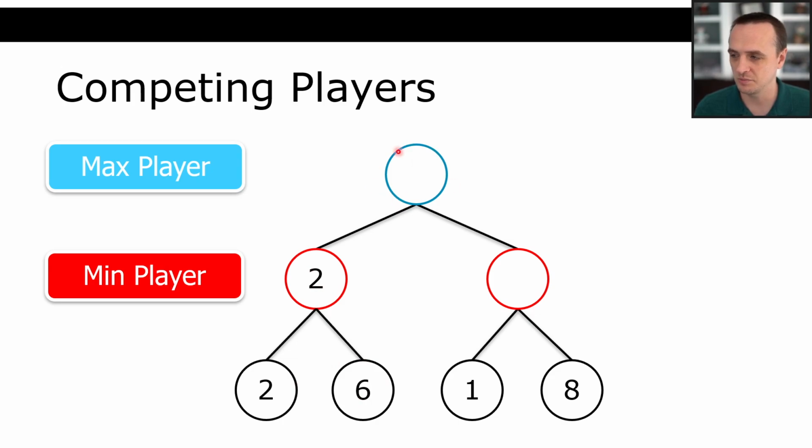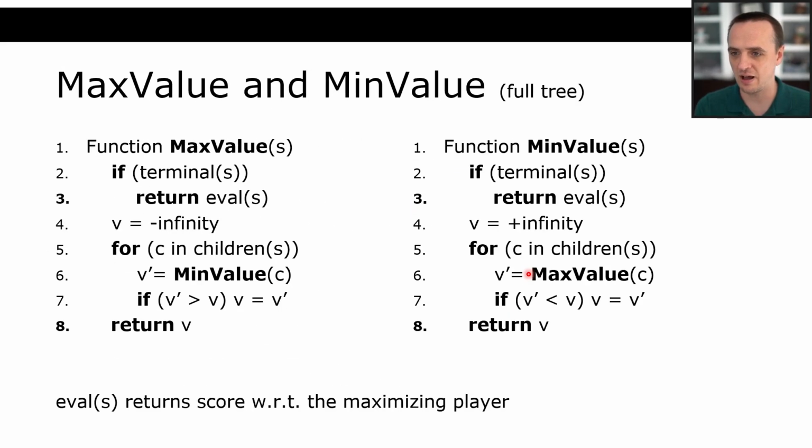Now the maximizing player looks at its next action and says, is this a terminal node? It's not. And so the min player's algorithm happens, and then it applies that same logic to these two and sees that they are terminal nodes, so it returns the evaluation. And then once we have values here, the max player is now free to actually maximize those values. So that's what this algorithm is doing.